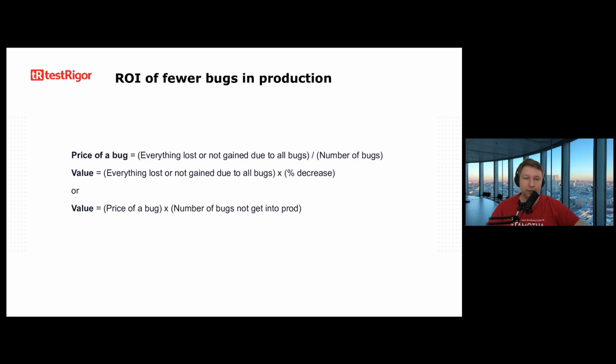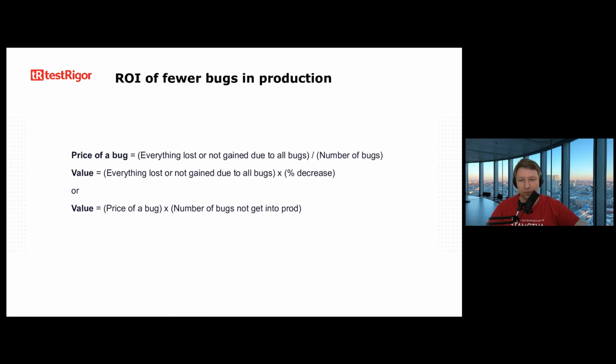If within the next 12 months you were able to decrease that number of bugs by a certain percentage, let's say by 50%, you can literally calculate the value of what you have done: you can basically divide it by 2.